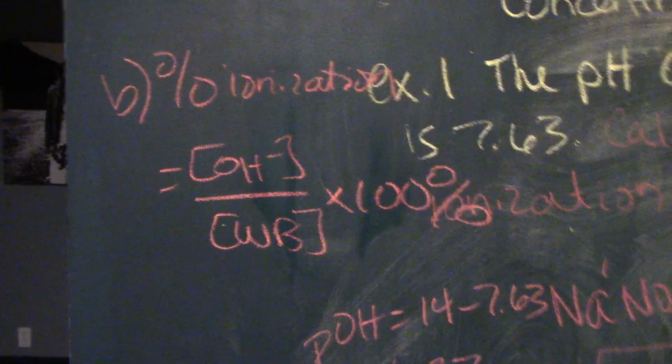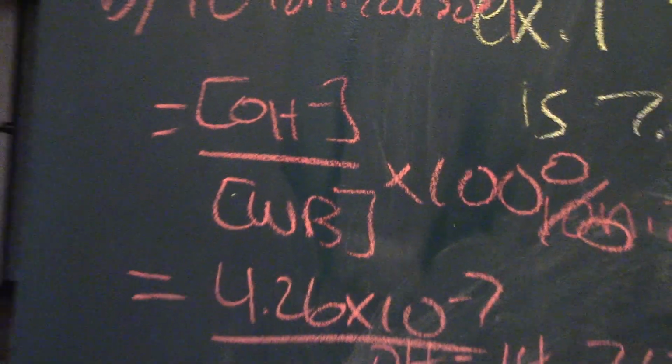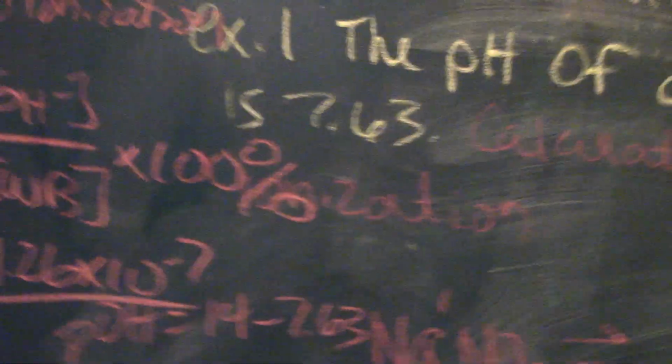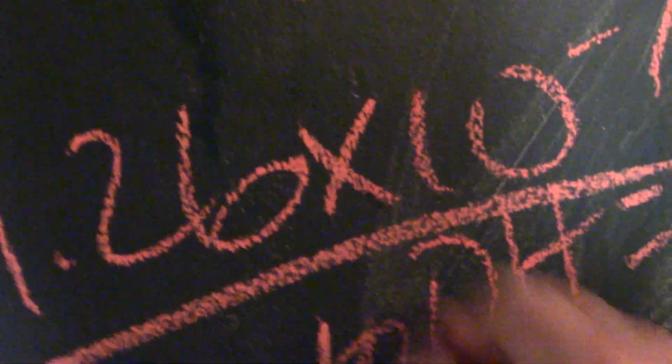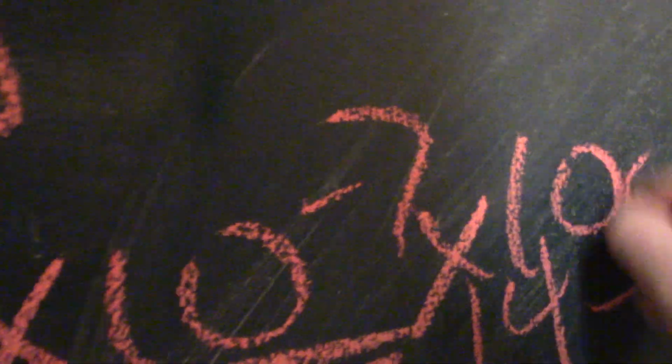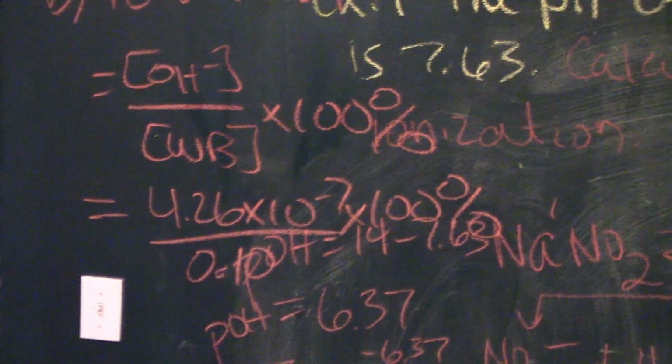Okay, so my hydroxide ion concentration is 4.26 times 10 to the negative 7 over the concentration of the weak base, which is 0.1, times 100%.